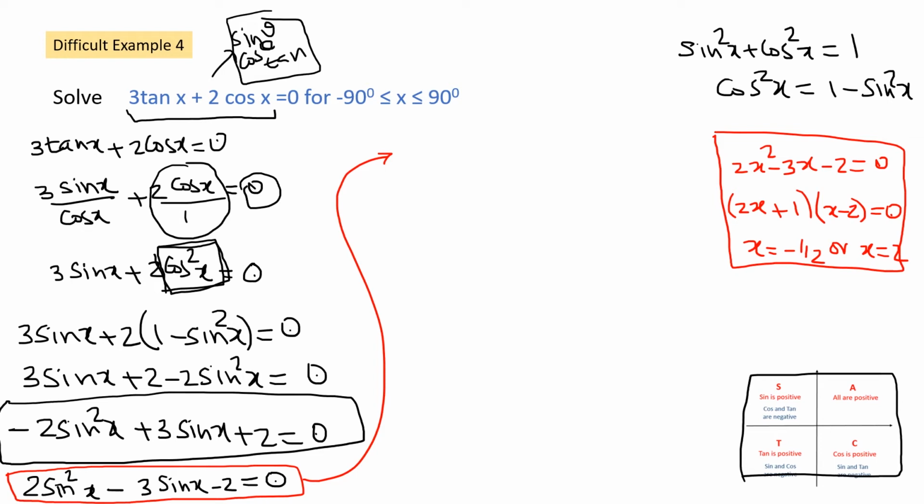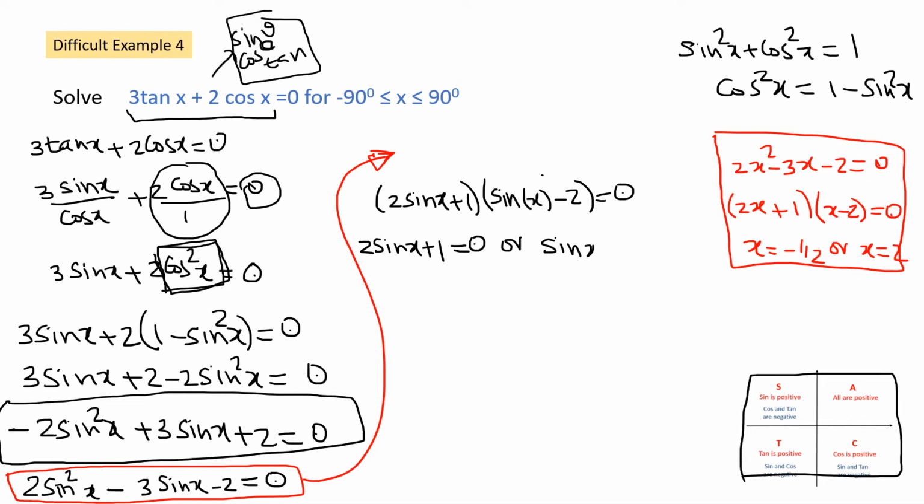So we can factorize our original equation into (2 sin x plus 1)(sin x minus 2) equals 0. Therefore, this leaves us 2 sin x plus 1 equal to 0 or sin x minus 2 equal to 0.